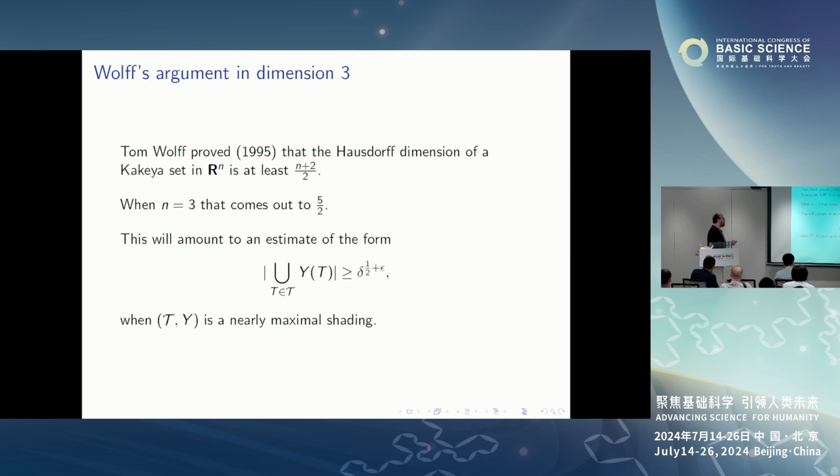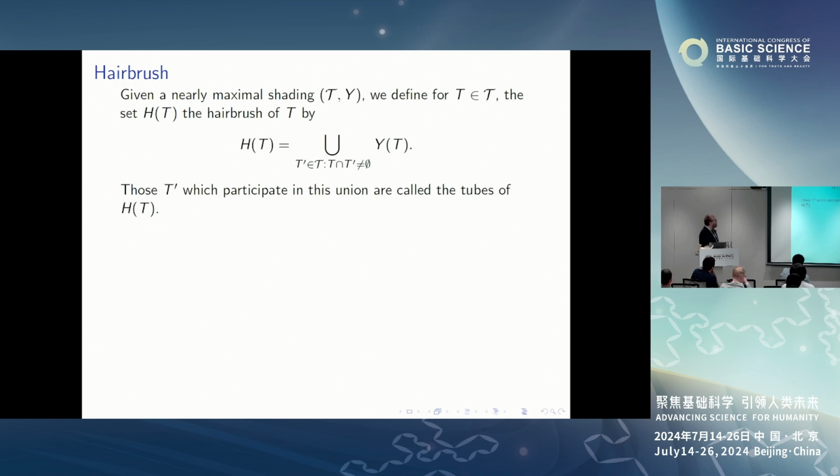But the heuristic for Tom Wolff's argument is very robust, and so it survives quite well against my lies. So here's kind of the main idea of Tom Wolff's argument.